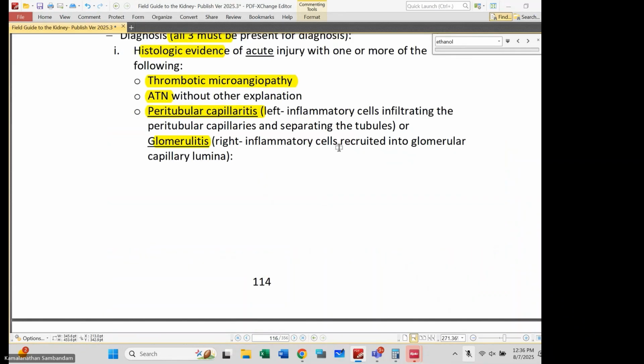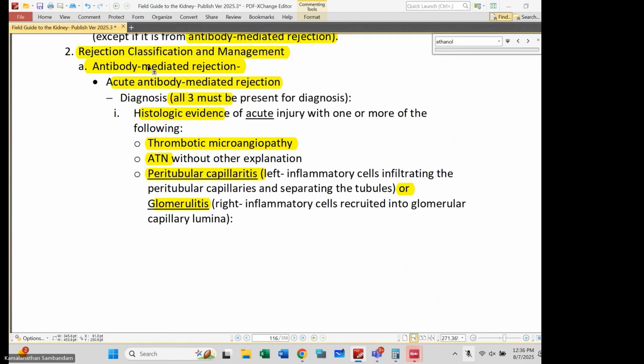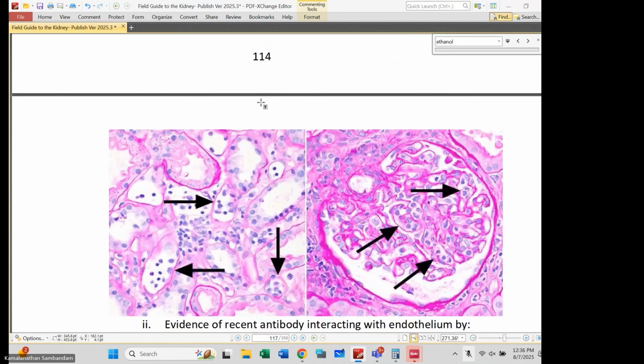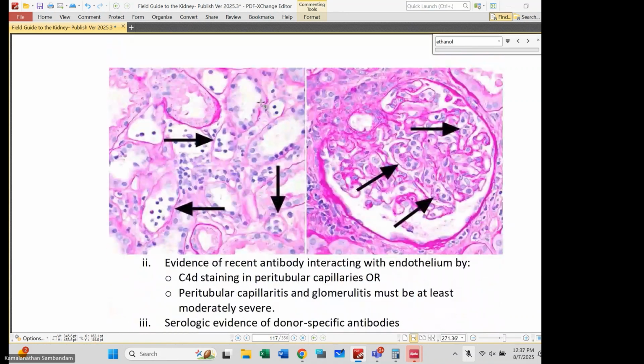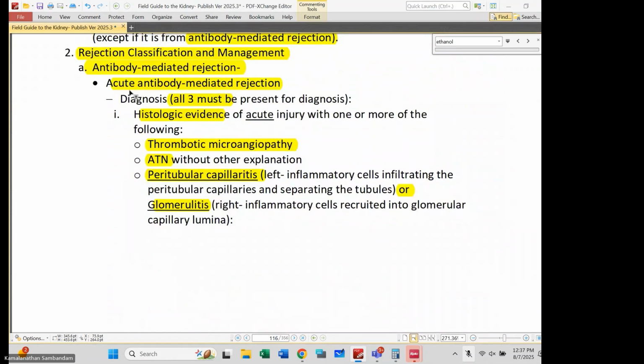I can have PTC or glomerulitis, and that be sufficient for these histologic features of AMR. All right. So that's one of the three criteria you need to make the call of AMR: TMA, ATN, PTC, or glomerulitis.